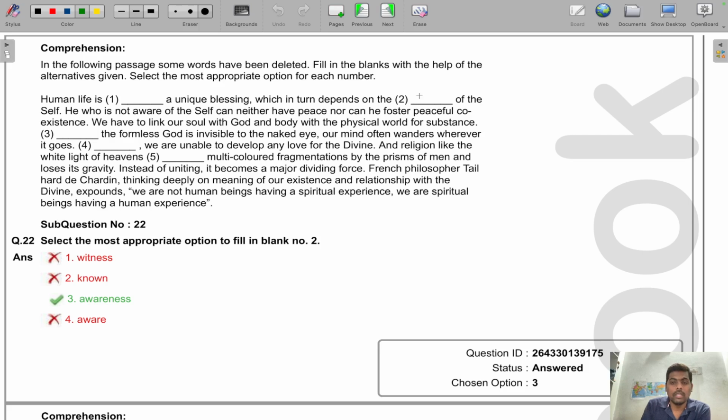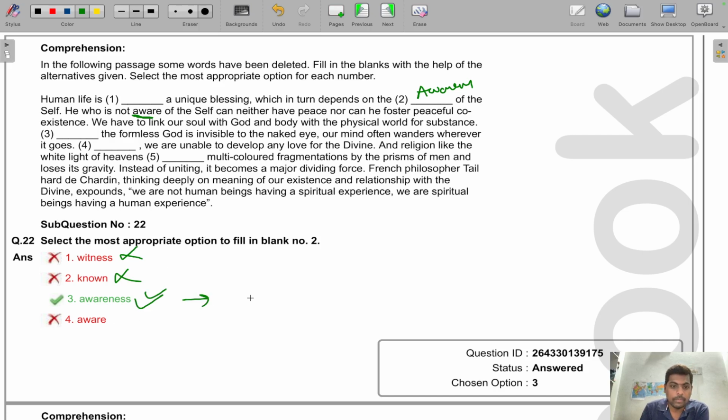So here they mentioned aware, so definitely it will be awareness only, because witness cannot fit, because it in turn depends on the awareness of the self. Witness of the self doesn't make any sense, known of the self we can't write, awareness of the self is the most appropriate.